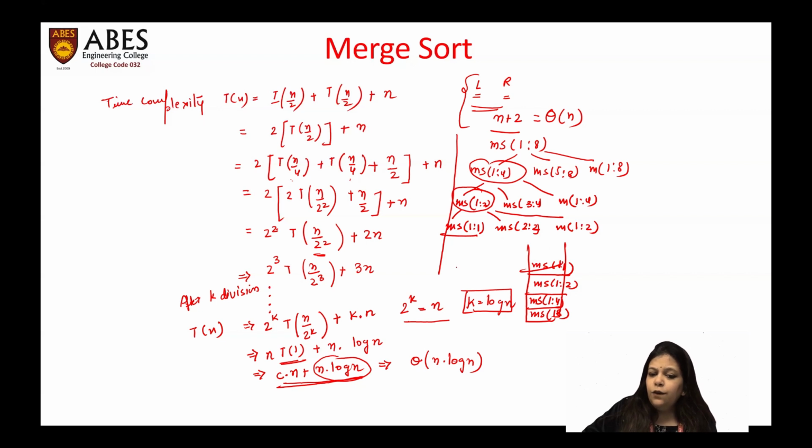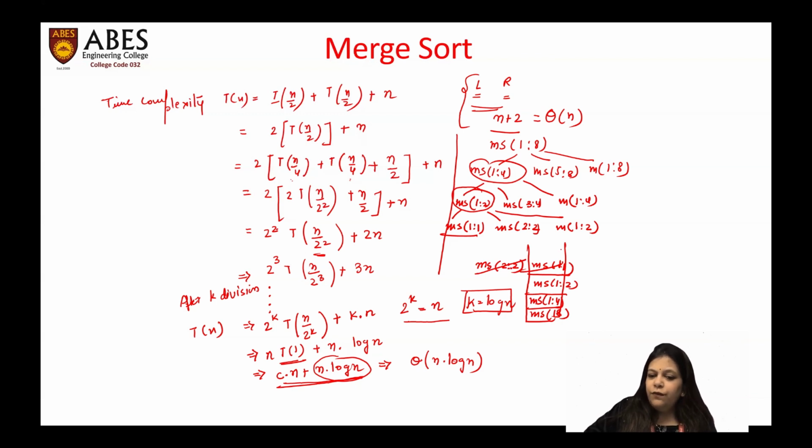In its place, we get the next call, merge sort 2 to 2. Again, there will be no recursive call, and this will be deleted from the activation record.